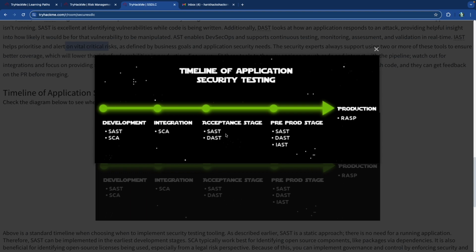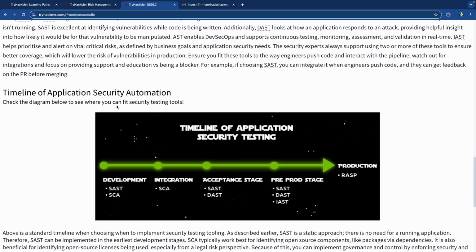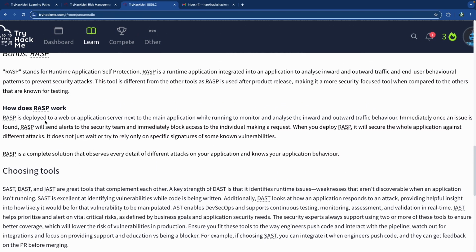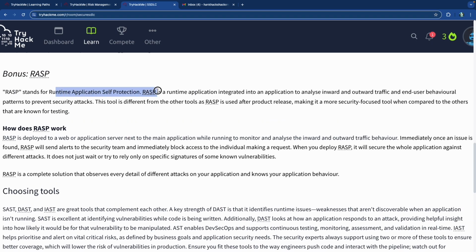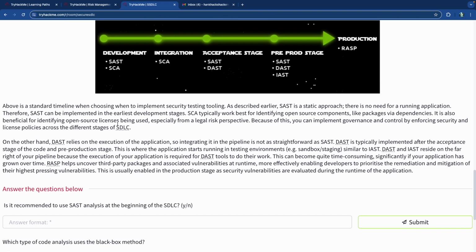So the static and dynamic while you're trying to finalize and accept the thing. And then before putting it into production and actually sending it out, you would do all of them. So static, dynamic, and integrated. And then finally you would do RASP, which is the runtime application self-protection. So during runtime, it does self-protection.